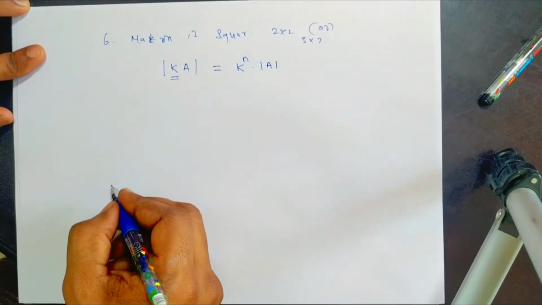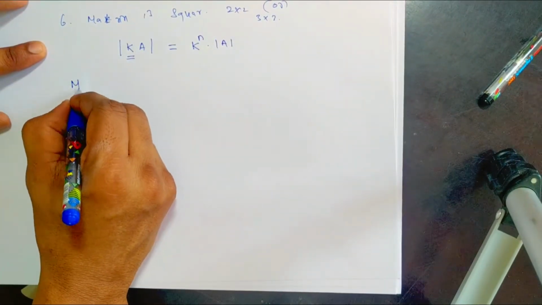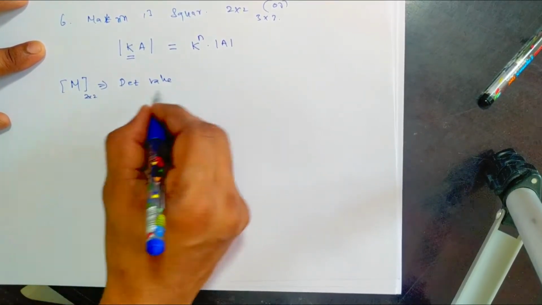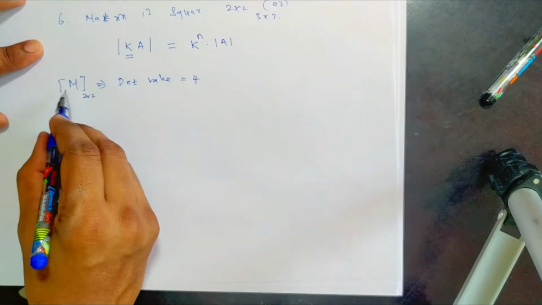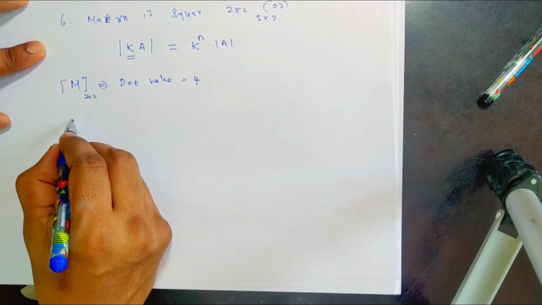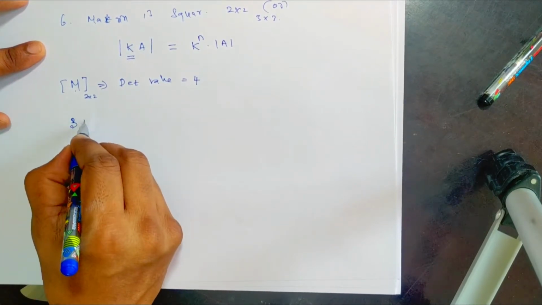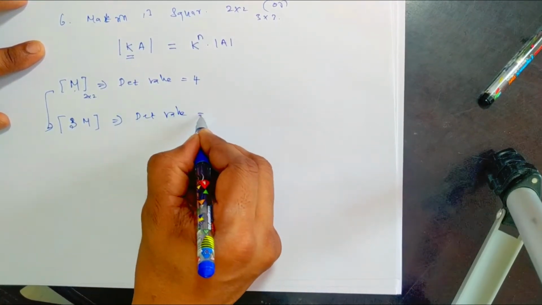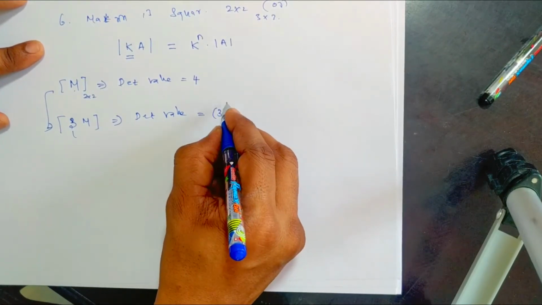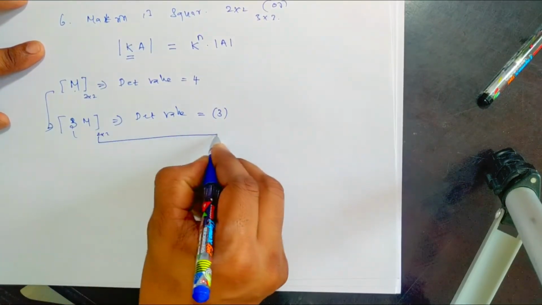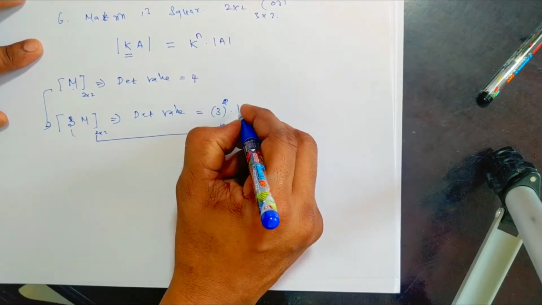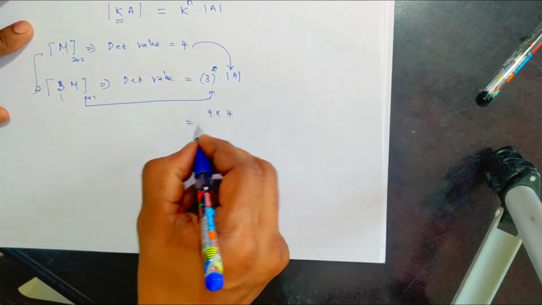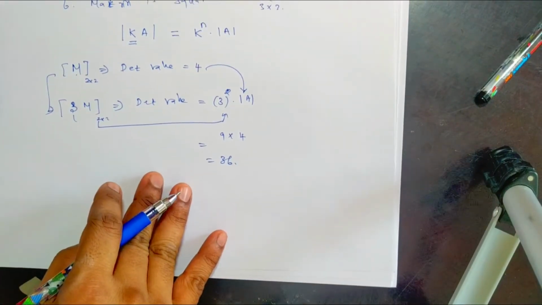For example, for matrix M of size 2 cross 2, determinant value is 4, and this matrix is multiplied by 3, so 3M. Then the determinant value is 3 power 2, where n is 2, into the determinant value of M, so 9 into 4, which is 36. Do you get my point?